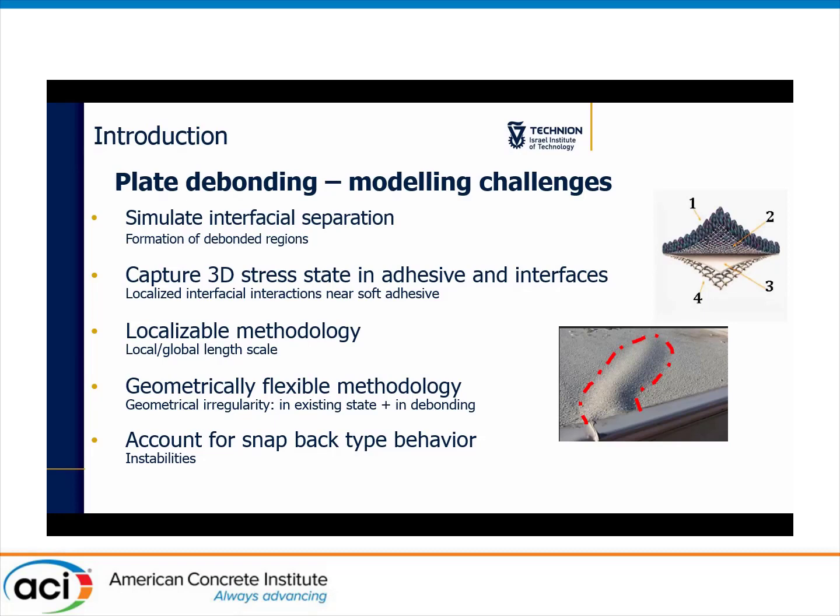To deal with these challenges, a methodology is needed that can be localizable. By that I mean that it can focus on the high gradients that occur along the debonded contour. It should also be geometrically flexible in order to capture the geometric irregularity of the debonded region. And lastly, it should be able to capture the snapback type behavior that is typical of the debonding mechanism.